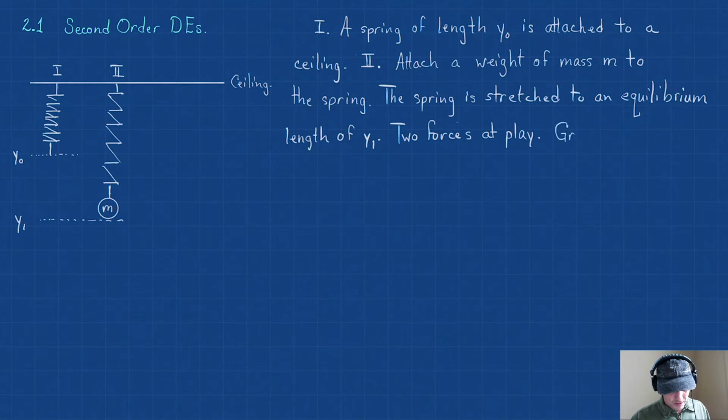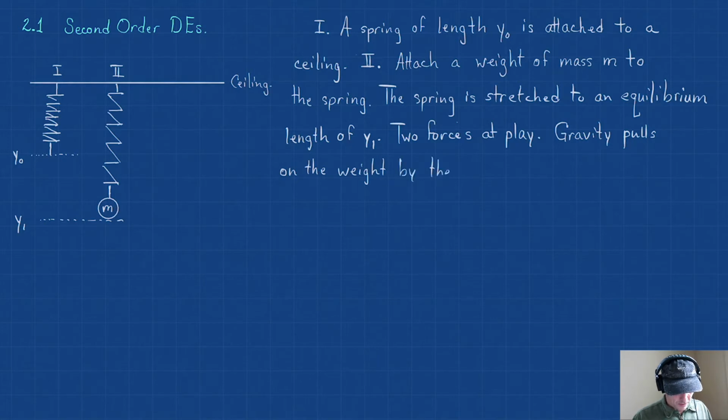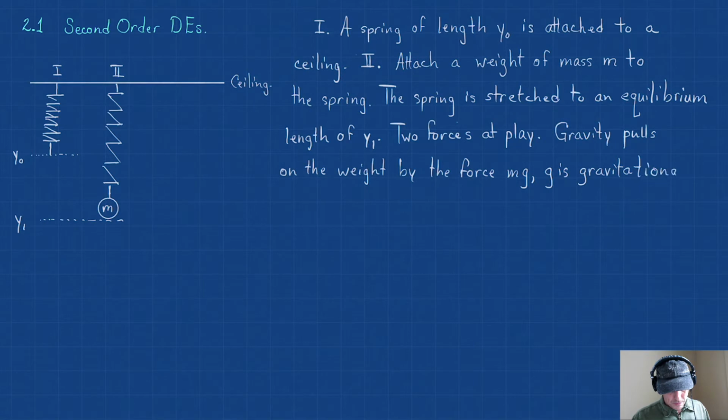Gravity pulls on the weight by the force m times g, where g is the gravitational constant.